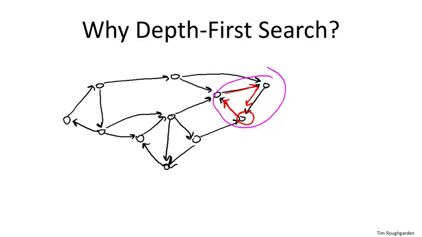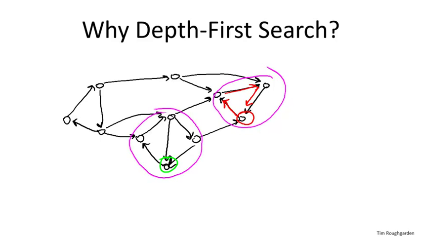Suppose that instead of initiating DFS from one of these three nodes on the triangle, we initiate it from this bottommost node in green. Remember, the guarantee of a graph search subroutine like DFS is that it'll find everything findable, but of course nothing more. So what's findable from this green node? Well, naturally everything in its own SCC, so the four nodes here, it'll certainly find those four nodes.